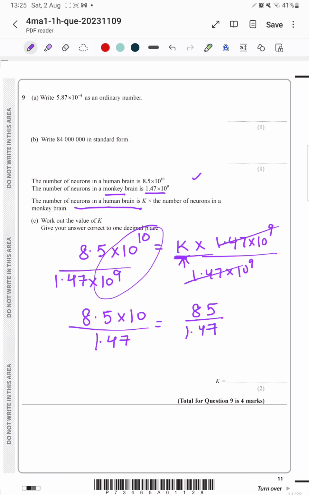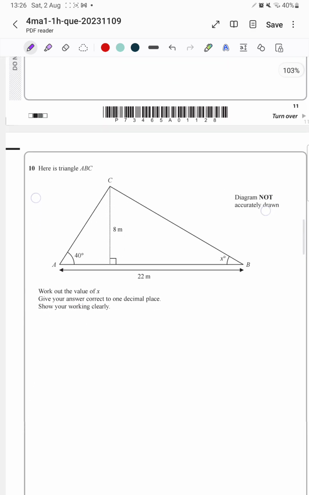When I divide it, k comes out as 57.823129 and so on. We have to write the answer to one decimal place, so it will be 57.8.